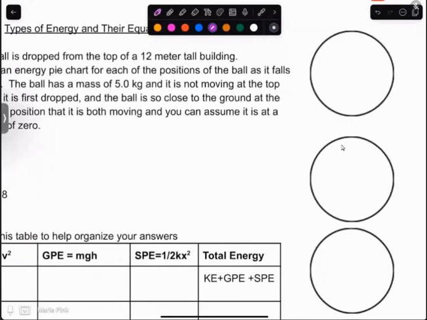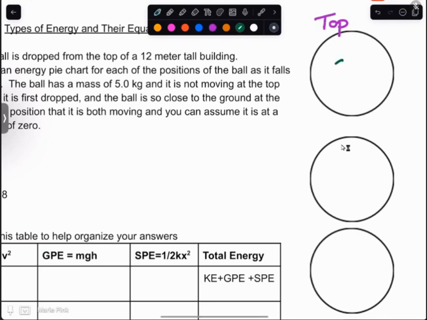Just like there were pie charts for the energy skate park activity that we just did, we are going to have some pie charts to help you identify what kinds of energy there are. So at the top, if we're talking about what type of energy there is, we have all gravitational potential energy.